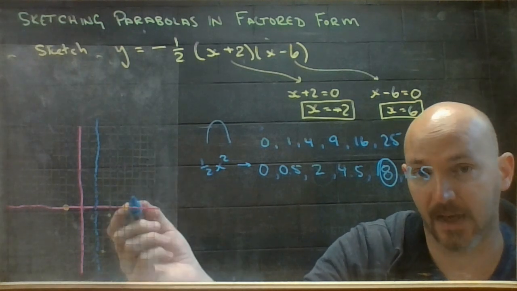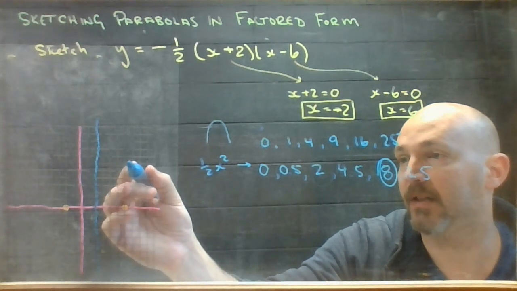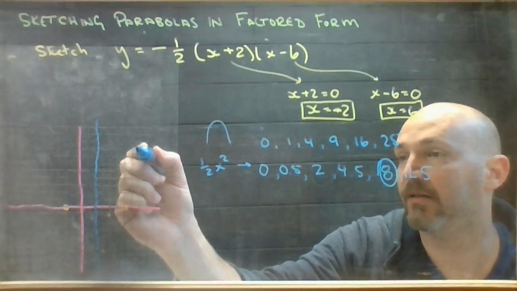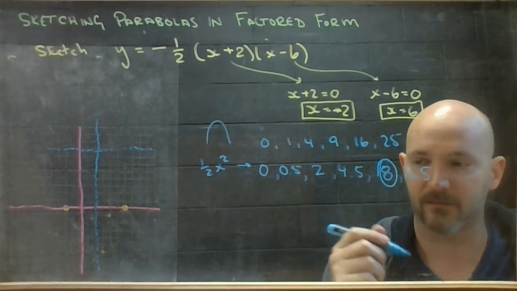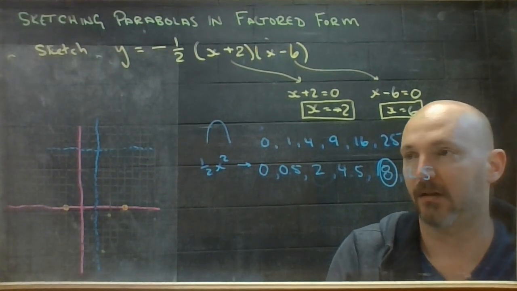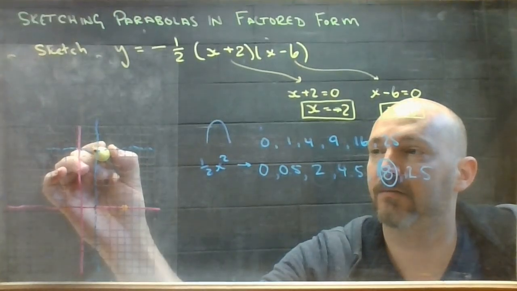So I'm going to count that up. 1, 2, 3, 4, 5, 6, 7, 8. Here's where my count line is going to be. So I can see that the vertex is going to happen here.